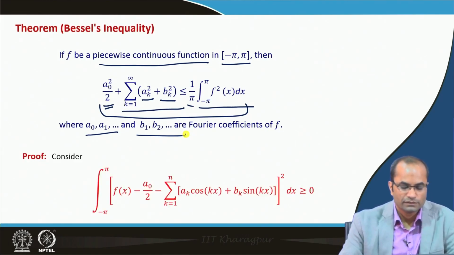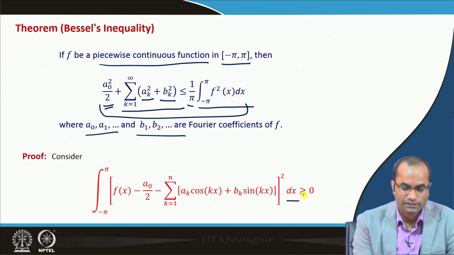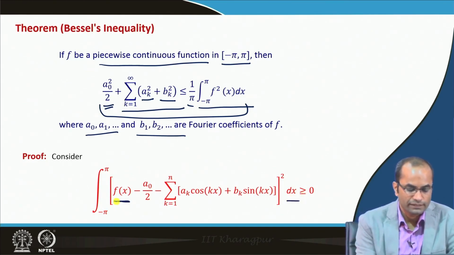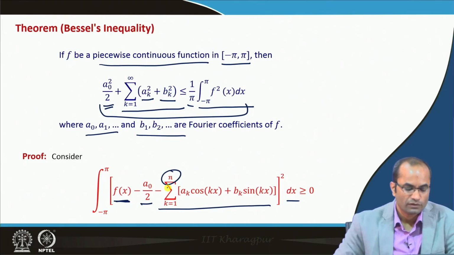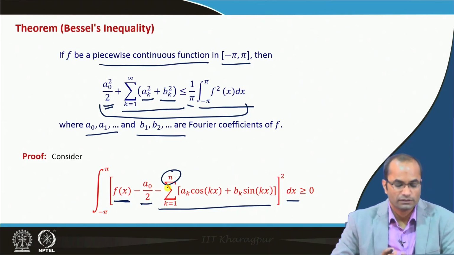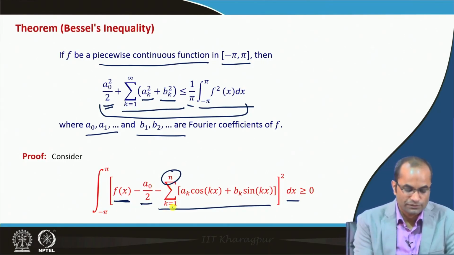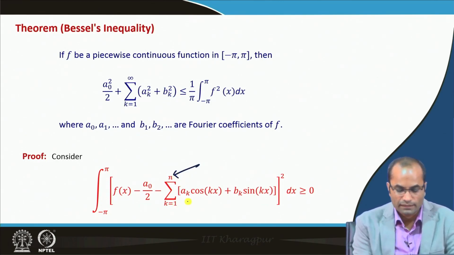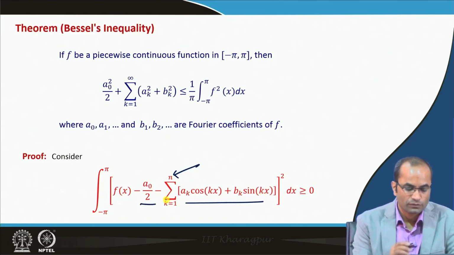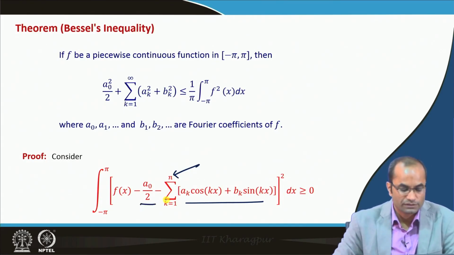So, we consider this square and then integrate. What is there in the square? We have f x, and then minus the truncated Fourier series, where the truncation is done after the n-th term. So, the summation here moves from k equals 1 to n, and we have the standard Fourier coefficients, and here also the first, constant term is considered.